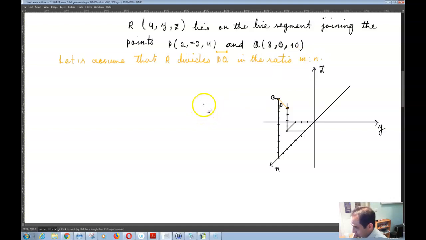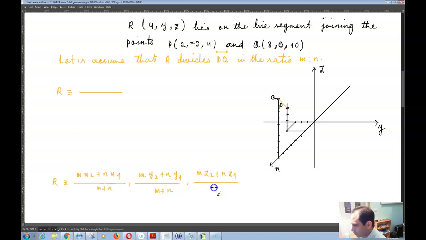Okay, so then the coordinates of the point R would be m times x2 plus n times x1 over m plus n, and m times y2 plus n times y1 over m plus n, and m times z2 plus n times z1 over m plus n.